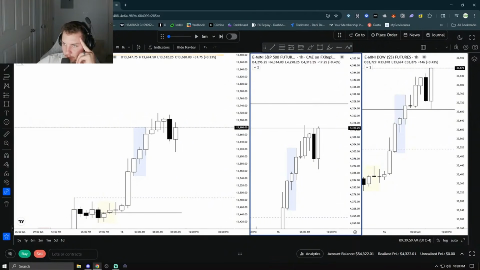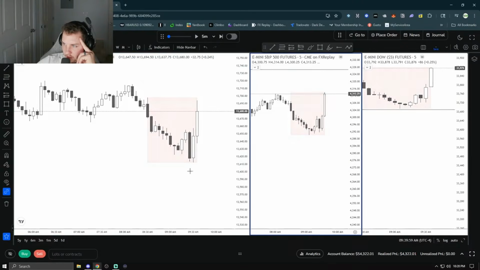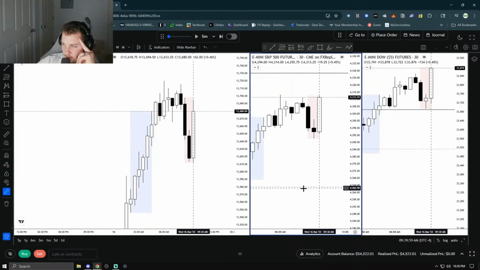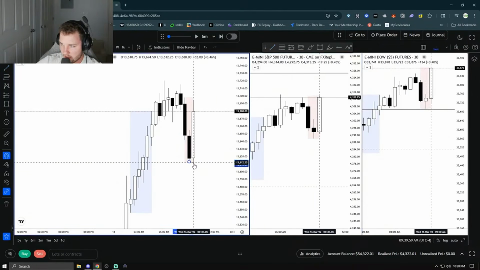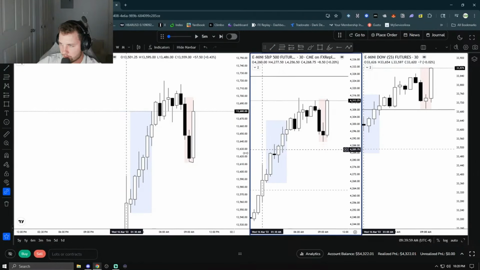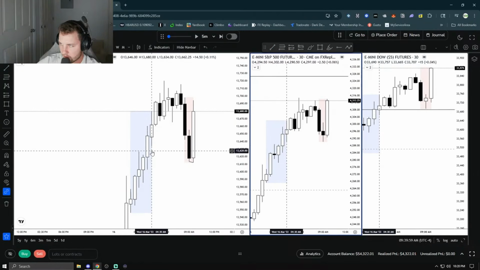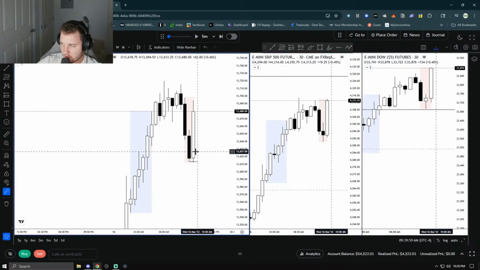So I'm going to focus on, well, we have this internal actually. I like this because we expand into this level and then we reverse off of it here.